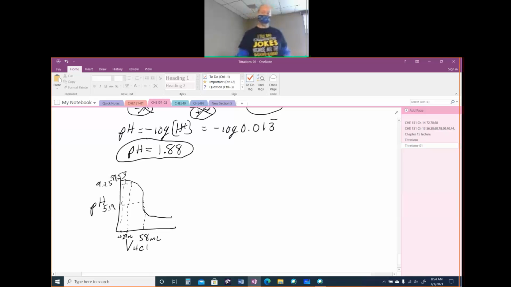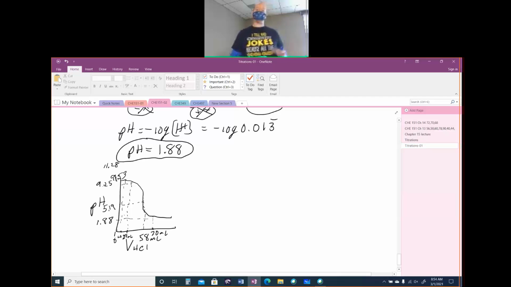So before we added anything, it was up here at 11.28. And so at the 0 mark, it was 11.28. And then beyond it, by a few mils here, mark it at 70 mils. So we went past it a few mils. And then we had our pH here of 1.88.